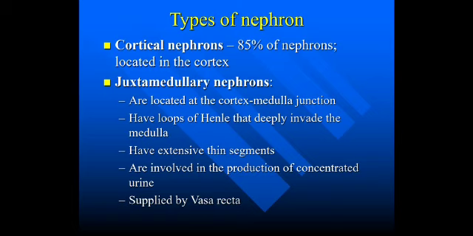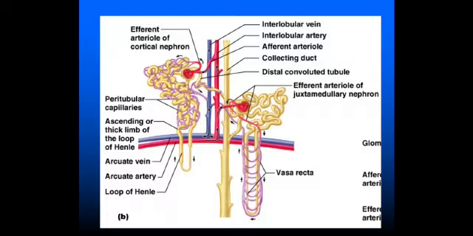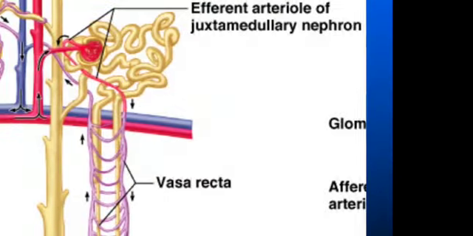The cortical nephrons are supplied by peritubular capillaries, whereas the blood vessels for the juxtamedullary nephron are called vasa recta. So you can see the two types. The cortical nephron has a short loop of Henle, covered by the peritubular capillaries, whereas the juxtamedullary nephron, present at the junction between cortex and medulla, has a long loop of Henle almost dipping into the medulla to maintain the concentration of urine by the countercurrent mechanism.